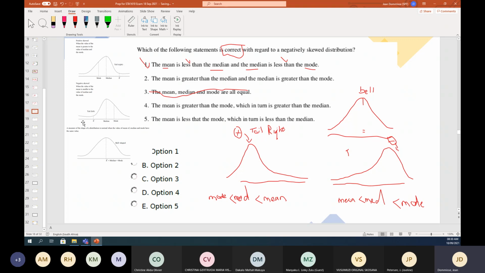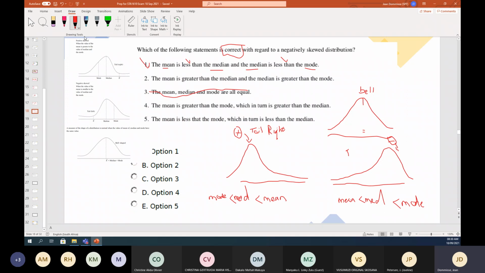Yeah, and just look, they want to confuse you with the rest of them. So in this one, mean is greater than the median, and the median is greater than the mode. So that will be skewed positively.